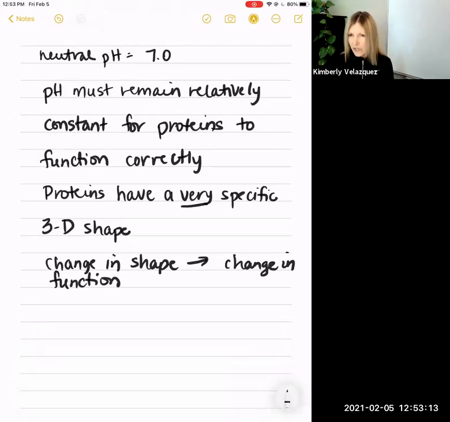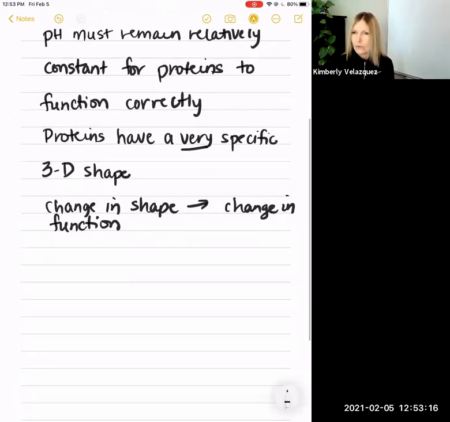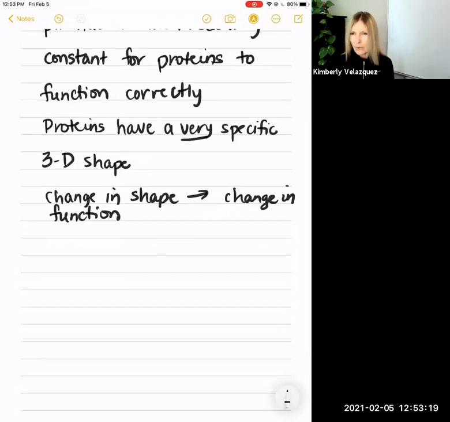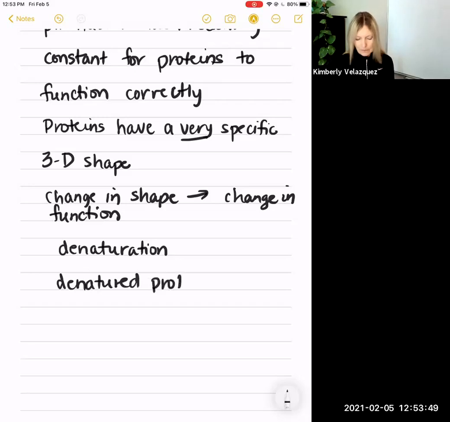What are some things that can change the shape of a protein? We're going to learn a lot about protein shape and the importance of protein shape this semester. One thing that can change protein shape is just having the wrong recipe for how to make that protein to start with. We'll learn about that when we learn about the DNA, because that DNA influences that. The other thing that can change the shape of a protein is a process called denaturation. When a protein becomes denatured, it means that the shape has changed.